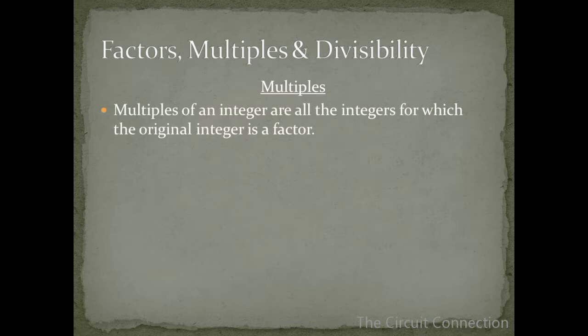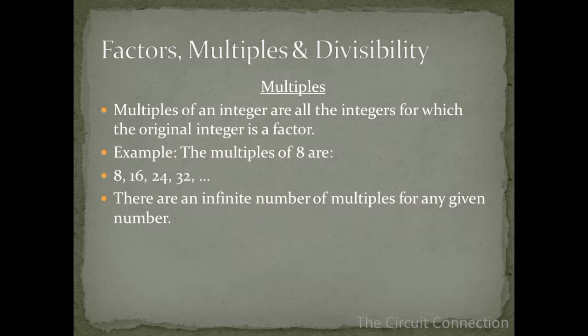Multiples. Multiples of an integer are all the integers for which the original integer is a factor. Example, the multiples of 8 are 8, 16, 24, and 32. There are an infinite number of multiples for any given number.